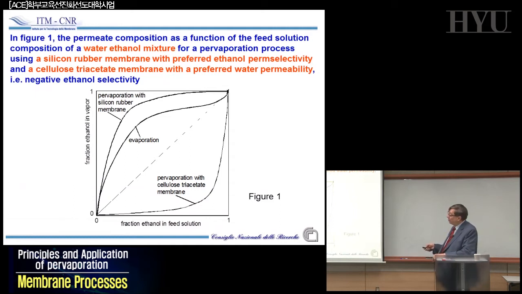If you just plot the fraction, for example, of ethanol in a vapor phase as a fraction of your ethanol in feed solution. Ethanol is an interesting case because one of the largest industrial applications already existing of pervaporation is the separation of water-ethanol.